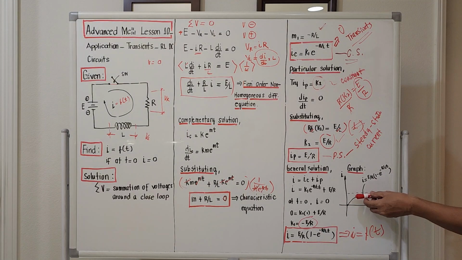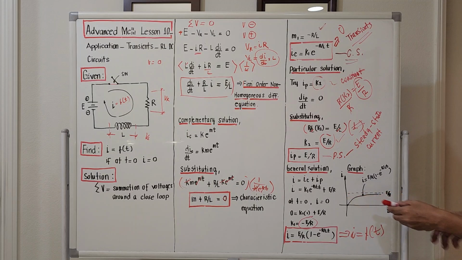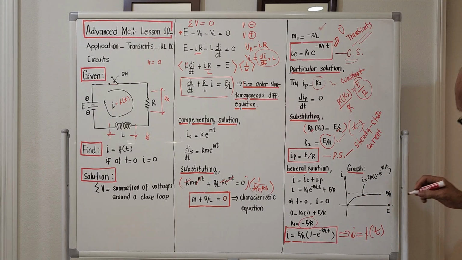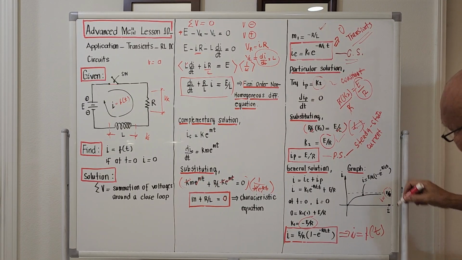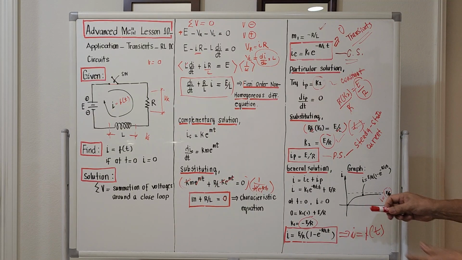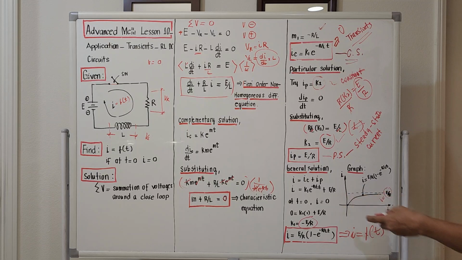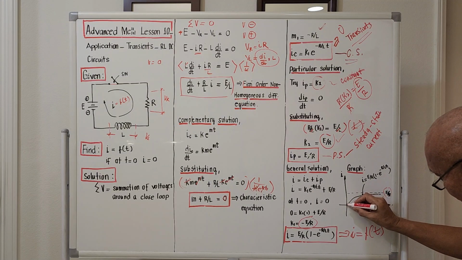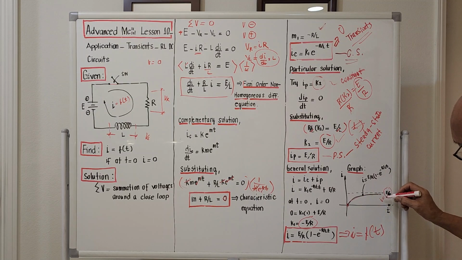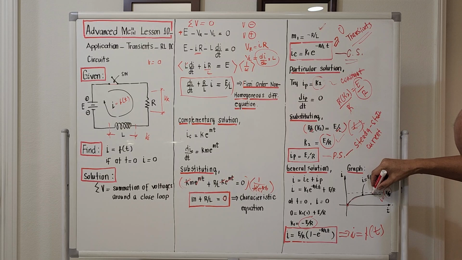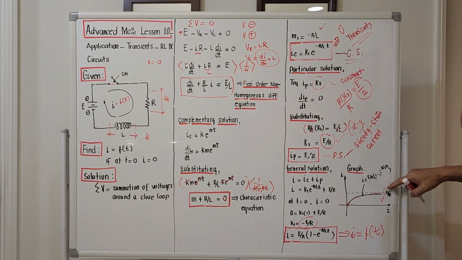This is a horizontal asymptote, and the equation of the horizontal asymptote is i equal to E over R. The curve emanates from the origin, then as time passes by, it approaches the horizontal asymptote.